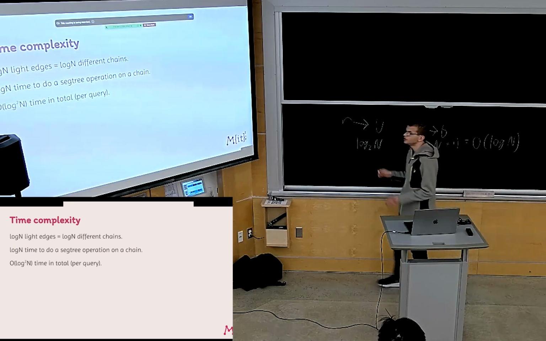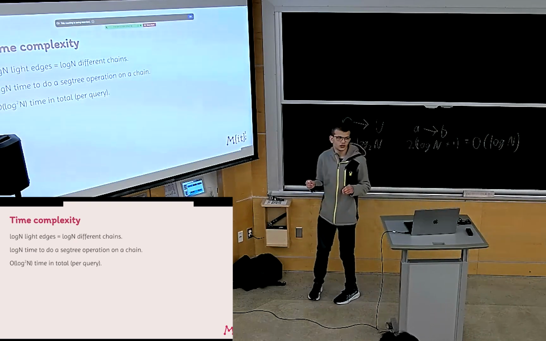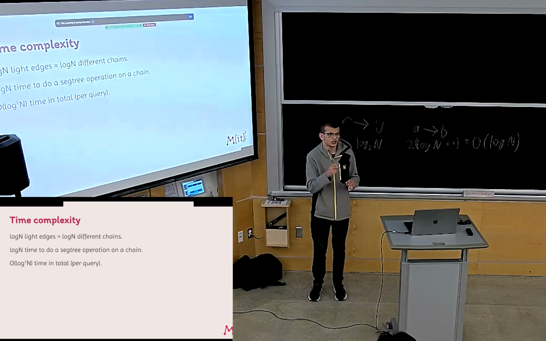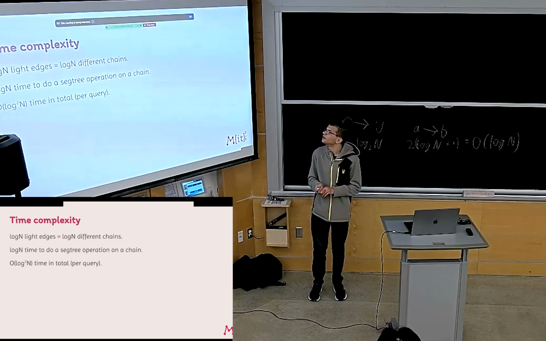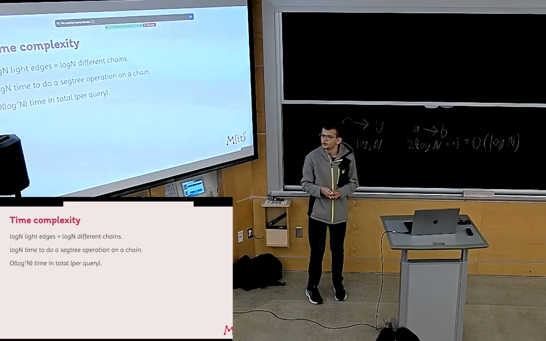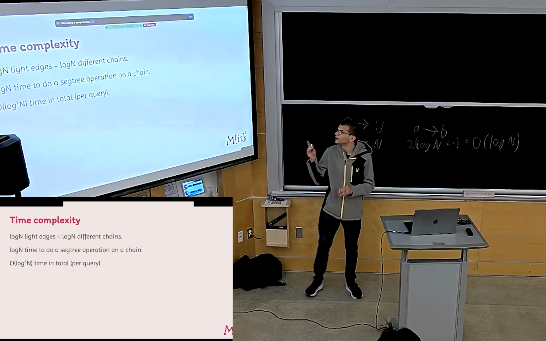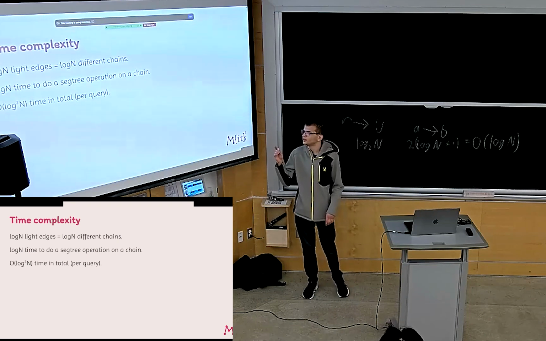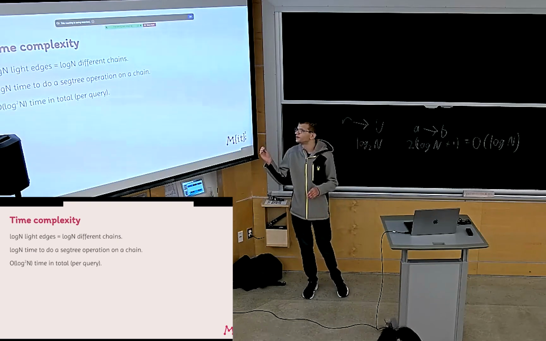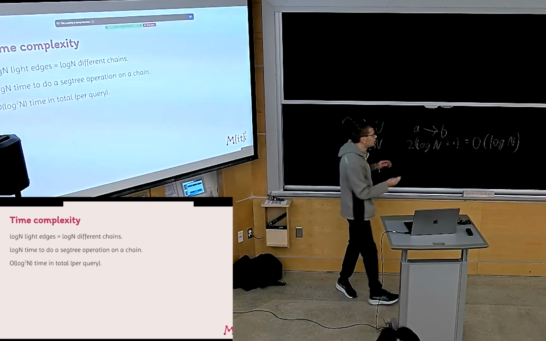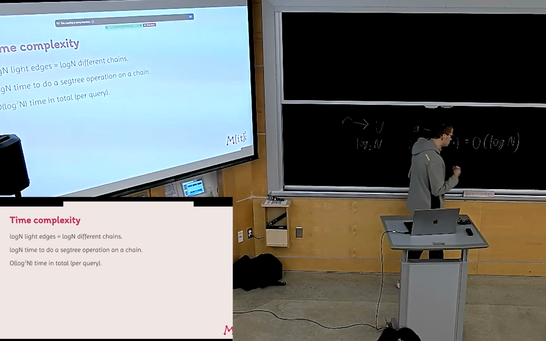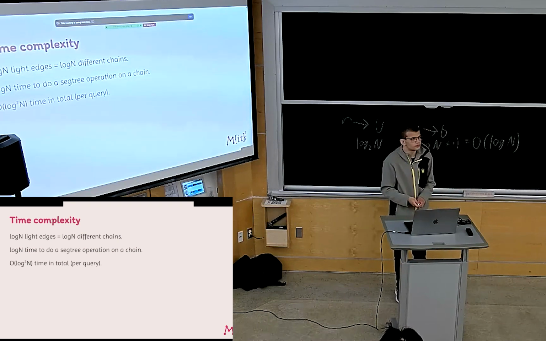And on each chain, we will be doing a single segment tree query, and that will take log n time. So our final complexity will be log n times log n, which is log squared n. And then we will have to combine all of these results, but that's cheaper. Right?